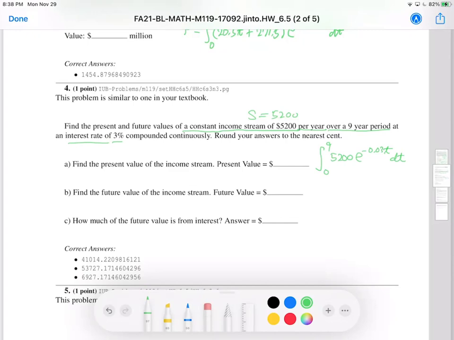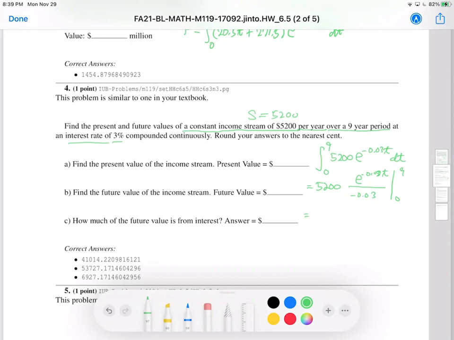Okay, in this case, you can use a calculator or do it by hand. So the antiderivative is this one, e to the negative 0.03 t over negative 0.03 from 0 to 9.